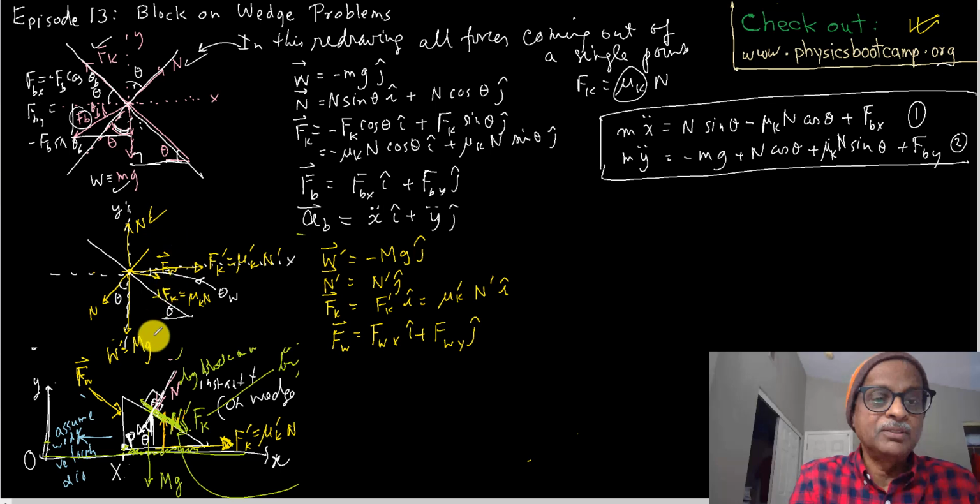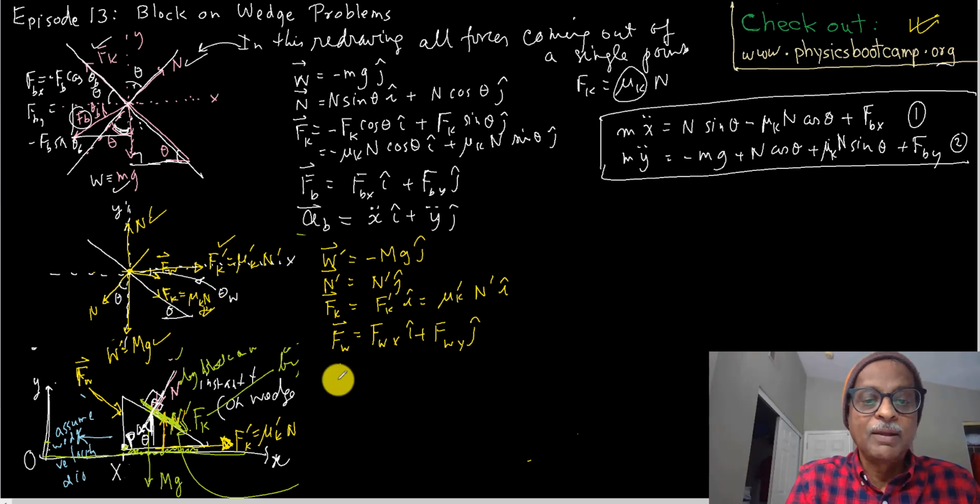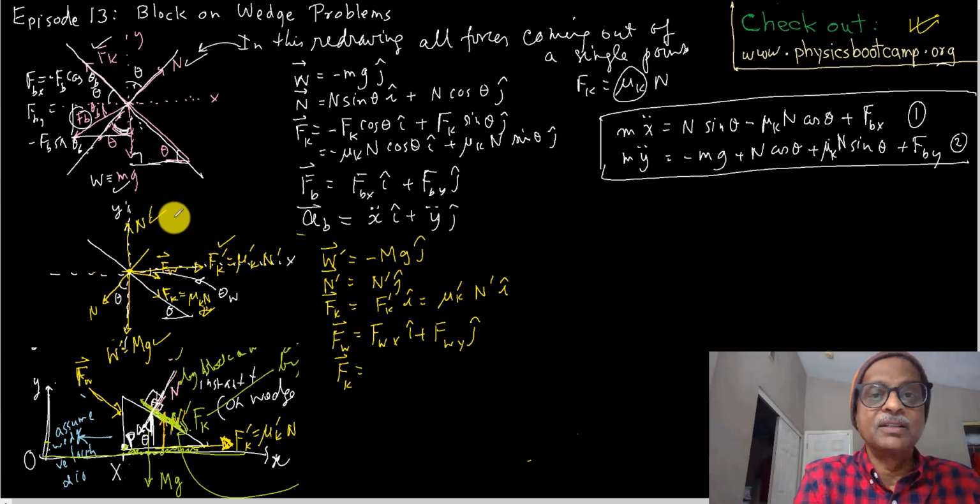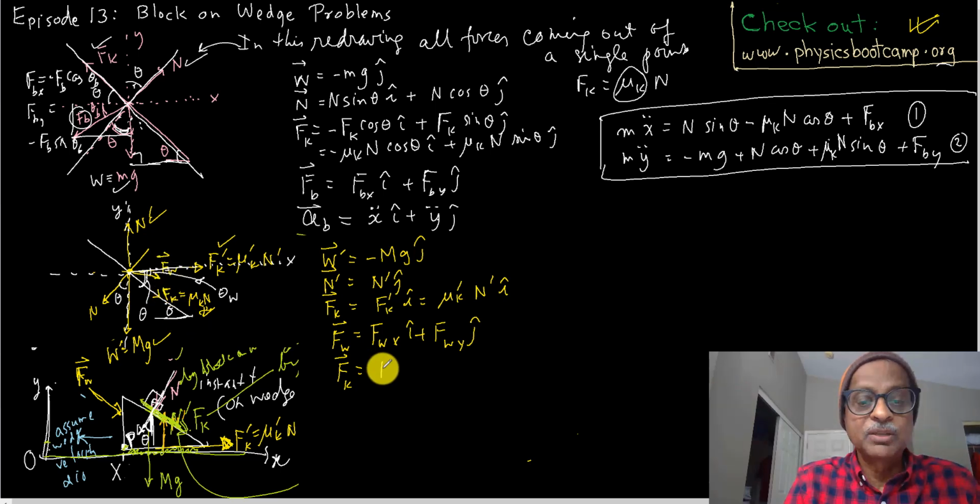So we've done this, this, and this. We've not done fk. This fk vector is, so if this is theta, this is 90 minus theta, so this angle here is actually theta, since these are parallel to the x-axis. So this makes angle theta. So this will be mu k N cosine theta I hat.